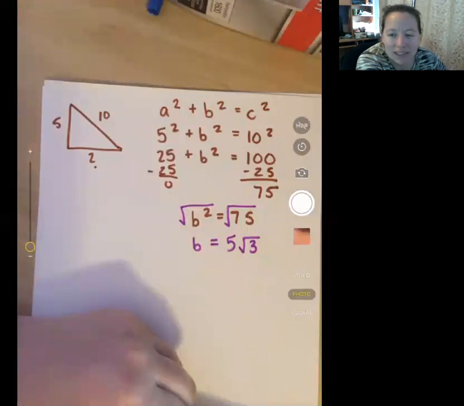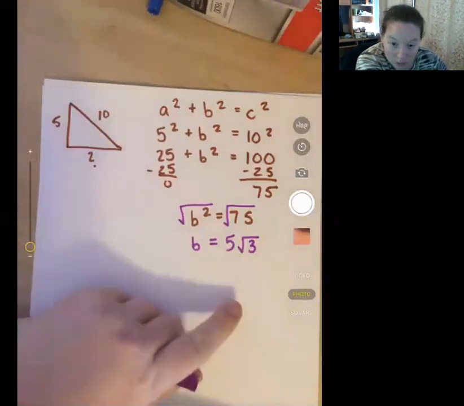We probably have a lesson a little later on where we get into that one. I actually do know how it ended up being 5 the square root of 3. But for right now, 5 the square root of 3 is perfectly fine as an answer.